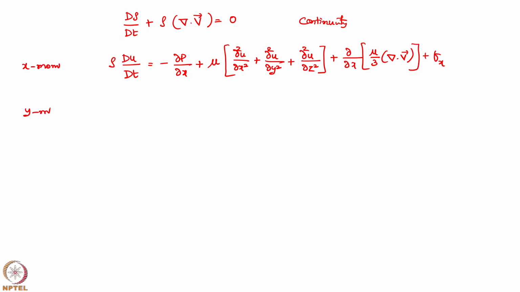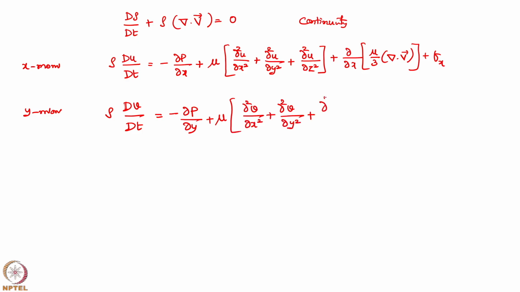Similarly, the y momentum equation is rho dv by dt equal to minus dou p by dou y plus mu into dou squared v by dou x squared plus dou squared v by dou y squared plus dou squared v by dou z squared plus dou by dou y of mu by 3 del dot v plus fy. This is the y momentum equation.